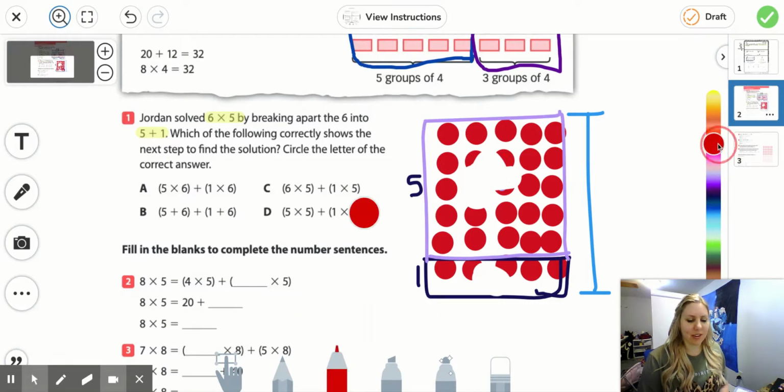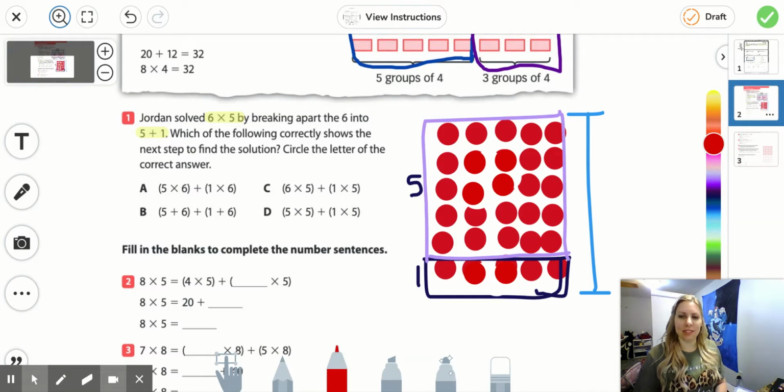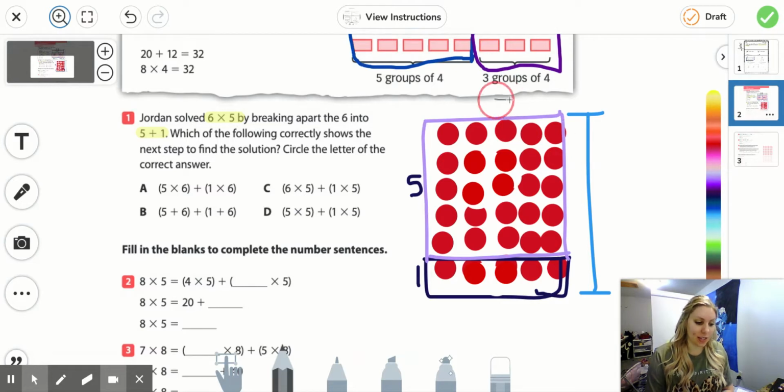Okay, let's try this again. So there's 5 here. I was thinking 6 times 6, but no, it's 6 times 5. Here's my array again. Let's start back at the beginning. So now that I have my proper array, I have 1, 2, 3, 4, 5 rows with 1, 2, 3, 4, 5 in each row. And here I have 1 row with 5 in that row.